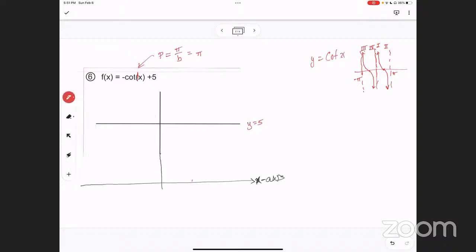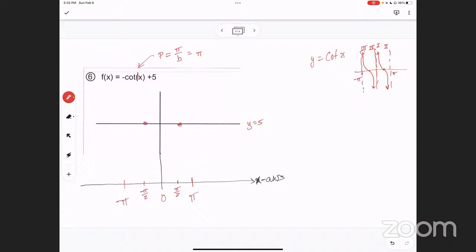I know that it's going to go through at positive pi and at negative pi. And this is 0. But remember, everything got shifted up. So your midline, like where it goes through 0, is all the way up at 5. So my midline, which is going to be at pi over 2 and negative pi over 2, that's where it goes through your midline normally. So it's going to be there and there.